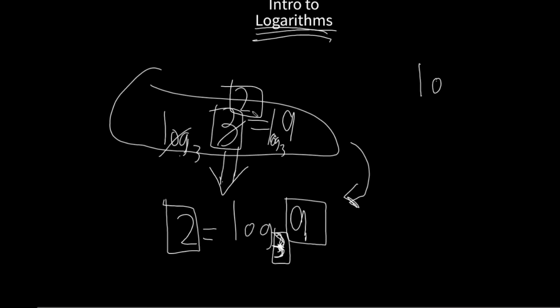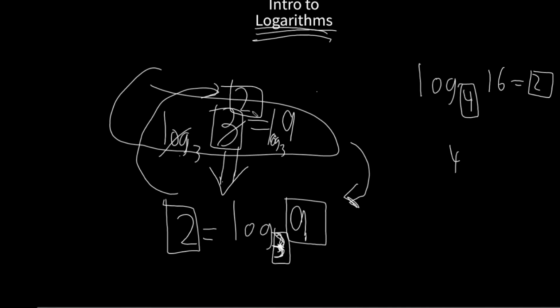So let me start off with a logarithm, like log base 4 of 16 equals 2. And basically what this is saying, if we look here, is the same as 3 squared equals 9. So if we look at the same pattern, this is saying 4, our base, if we raise this to the second power, like this 2 is the second power, that's going to be equal to this number here, 16.